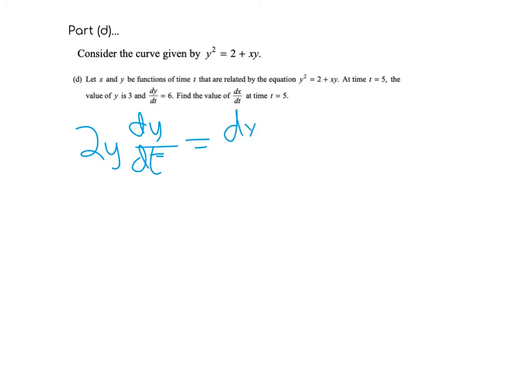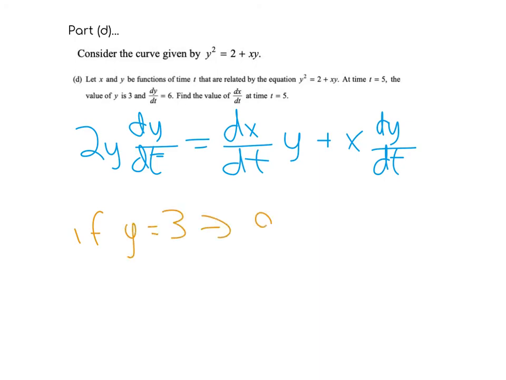So the derivative of x with respect to t this time, dx/dt, times y, plus x dy/dt. Now I need to know what x is. If y equals 3, then 9 equals 2 plus 3x, which means x equals 9 minus 2, which is 7, divided by 3.